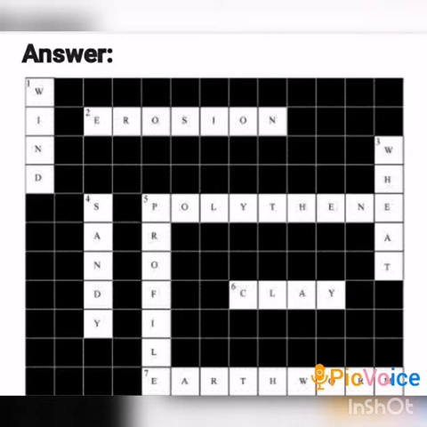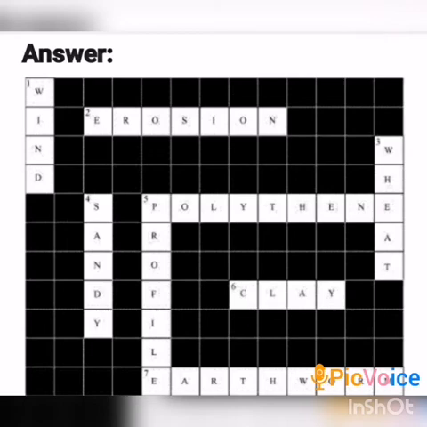Then, across 5, use should be banned to avoid soil pollution. What should be banned, children, to avoid soil pollution? The 5th one is polythene.